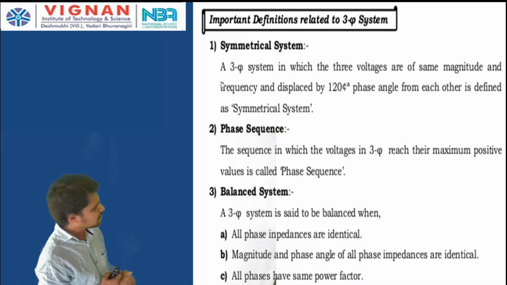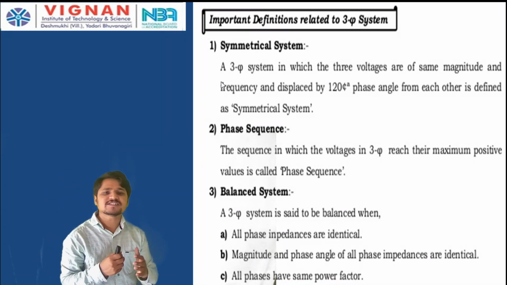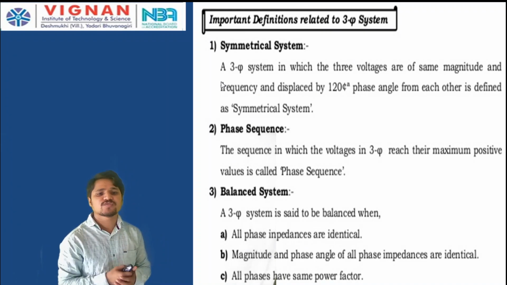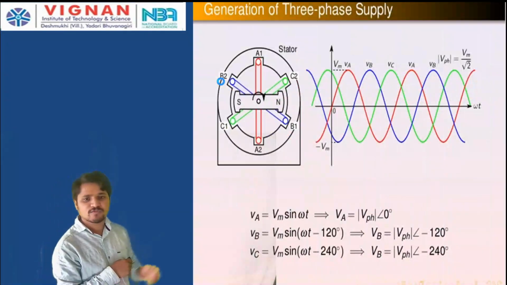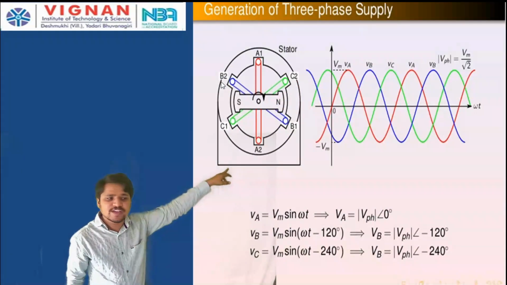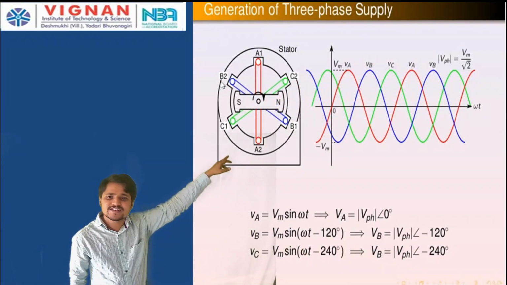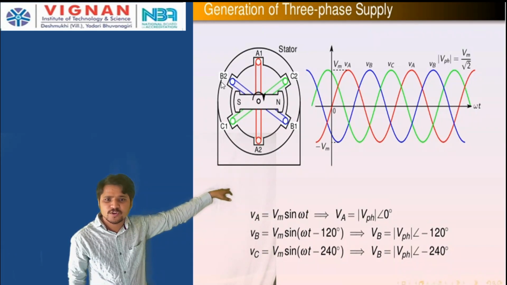Okay. Now, what is the phase sequence here? The sequence in which the voltages in a three-phase system reach their maximum positive value is called phase sequence. That means, now we have seen these voltage waveforms here. See, first VA is reaching the maximum. I am comparing it to 0. Let us say 0.